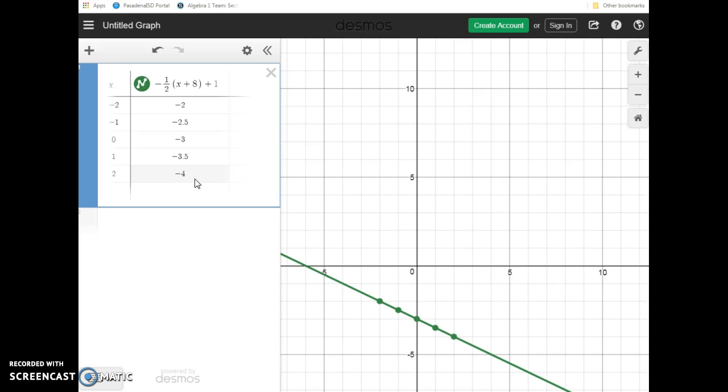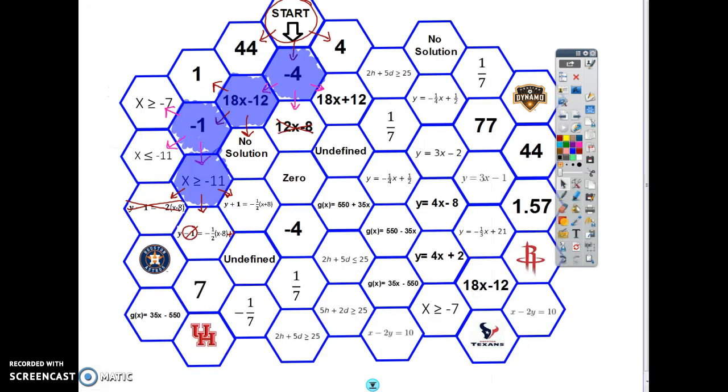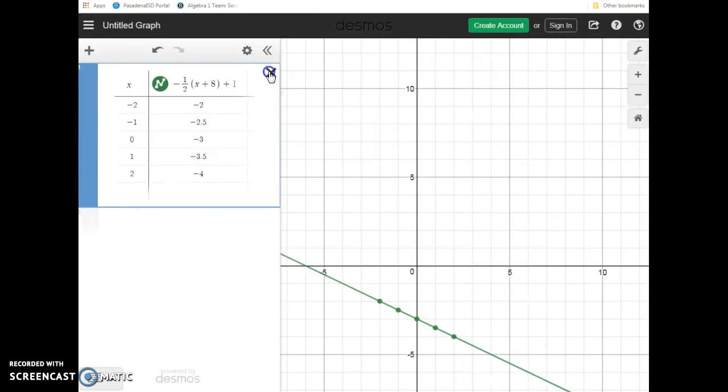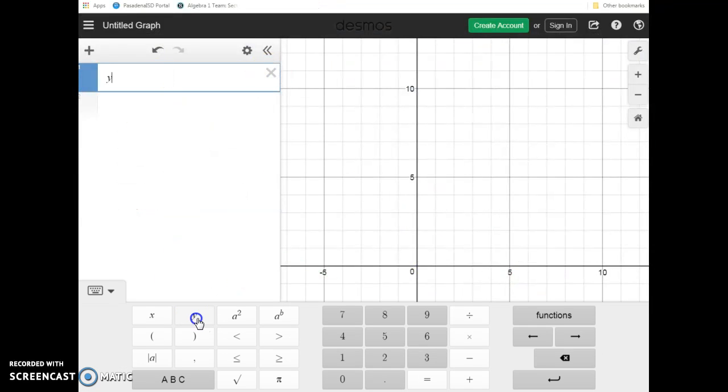I don't need negative 4. So let's try the last one. And on this last one, we have to move that plus 1 to the other side so it becomes a minus 1. Okay, it becomes a minus 1. So here we go. Y equals negative 1/2.